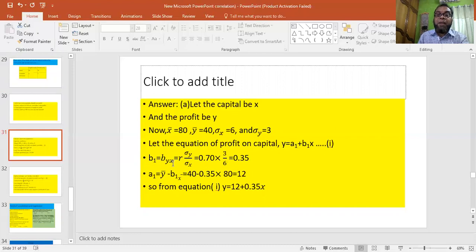In our previous class, we discussed another formula, byx equal to summation XY minus summation X summation Y by N, over summation X square minus summation X whole square by N. But here, those data are not given.